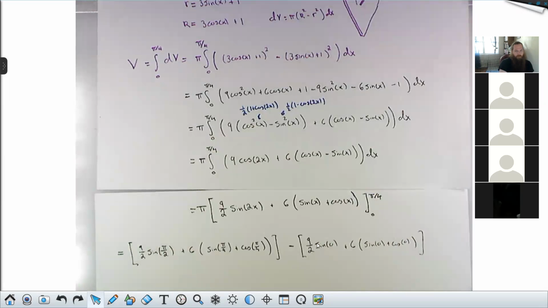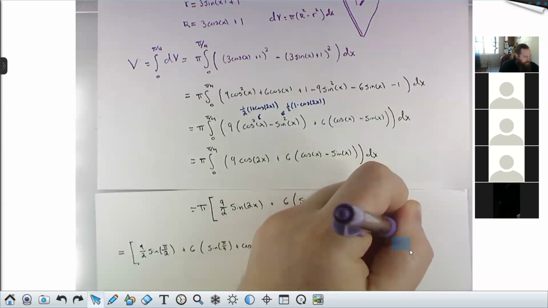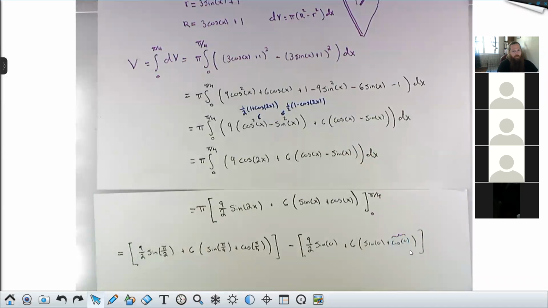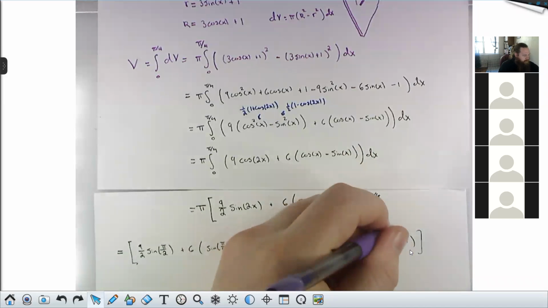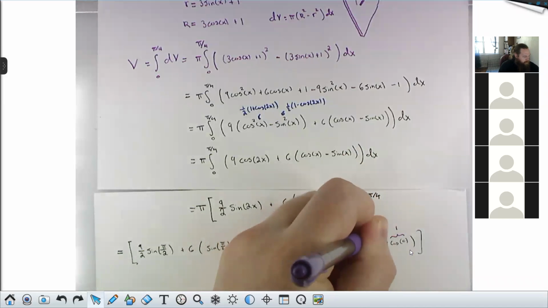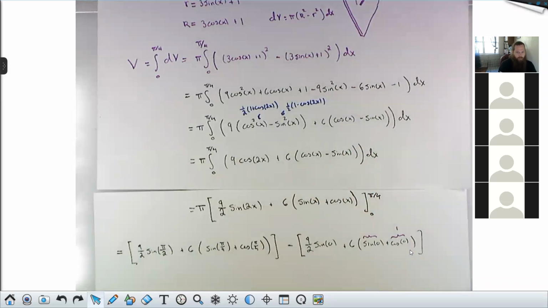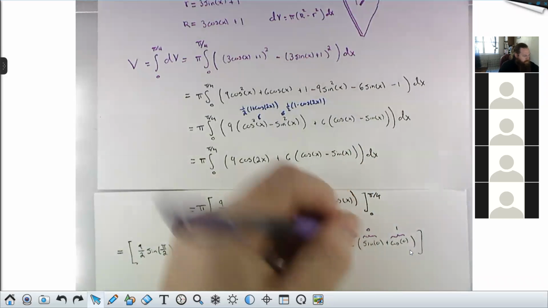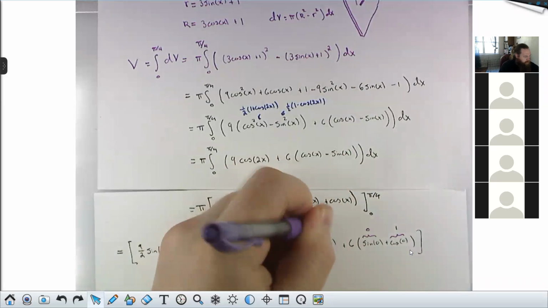All right, lots of trig to evaluate here. Let's start on this end. What is the cosine of 0? One. Good. What is the sine of 0? 0. Very good. So both 0.